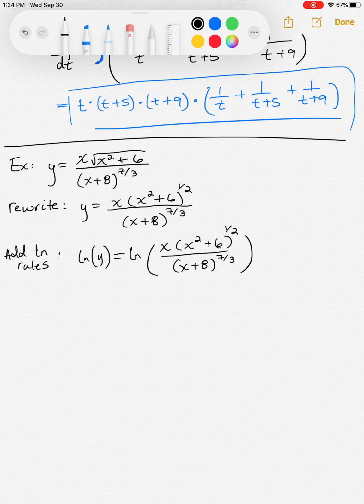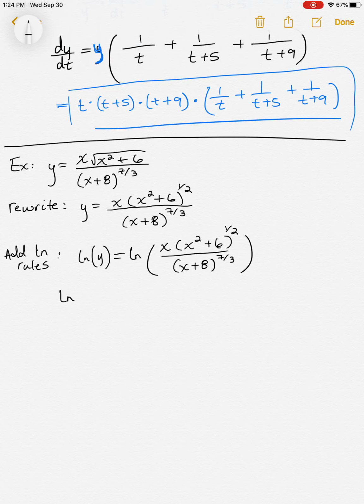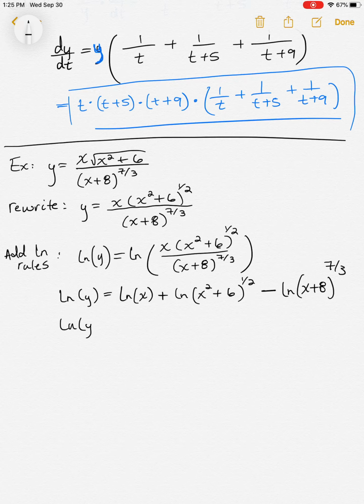Applying log properties, we have natural log of y equals, for the numerator we have a product, so that's natural log of x plus natural log of x squared plus 6 times 1/2. Then we have that division, minus natural log x plus 8 times 7/3.